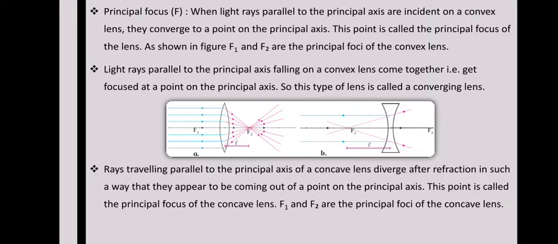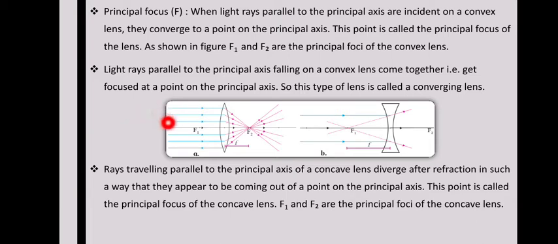Next, principal focus. Right now we studied the principal axis, an imaginary line passing through both the centers of curvature of a lens. Now the principal focus is the point where the light rays parallel to the principal axis come together.